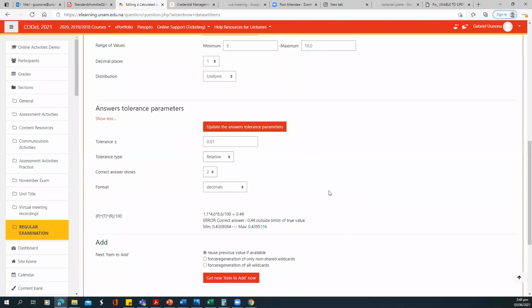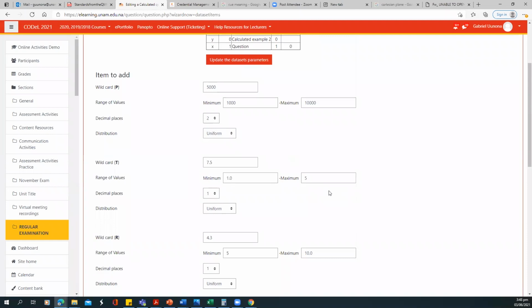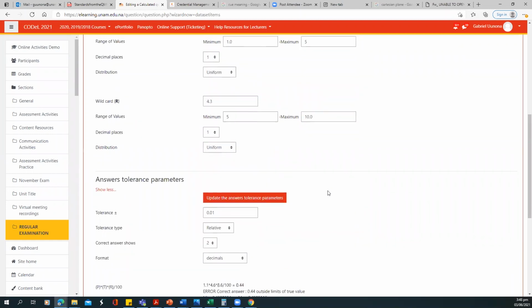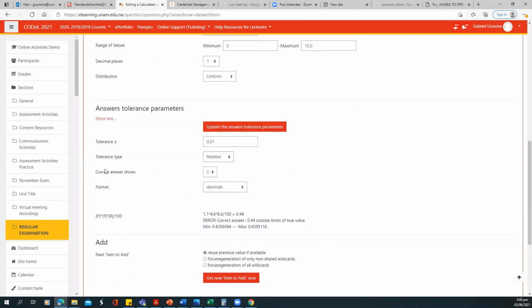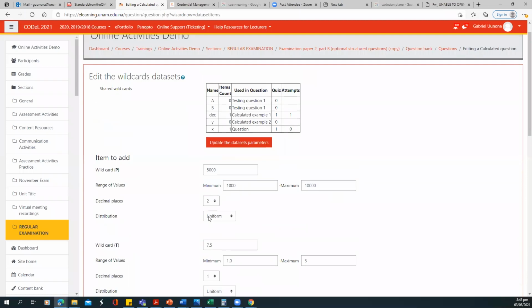we have something outside the limit. Why? Let's look at this one. Where did we get 1.1?